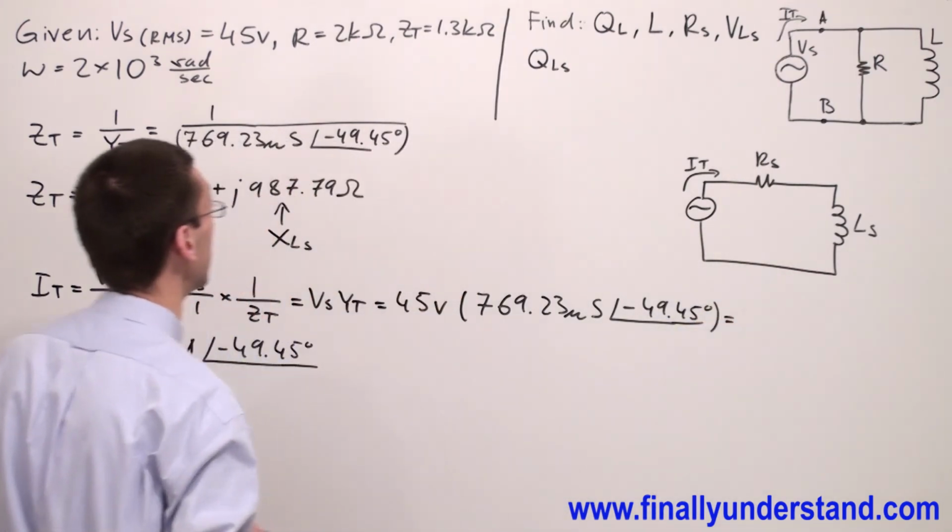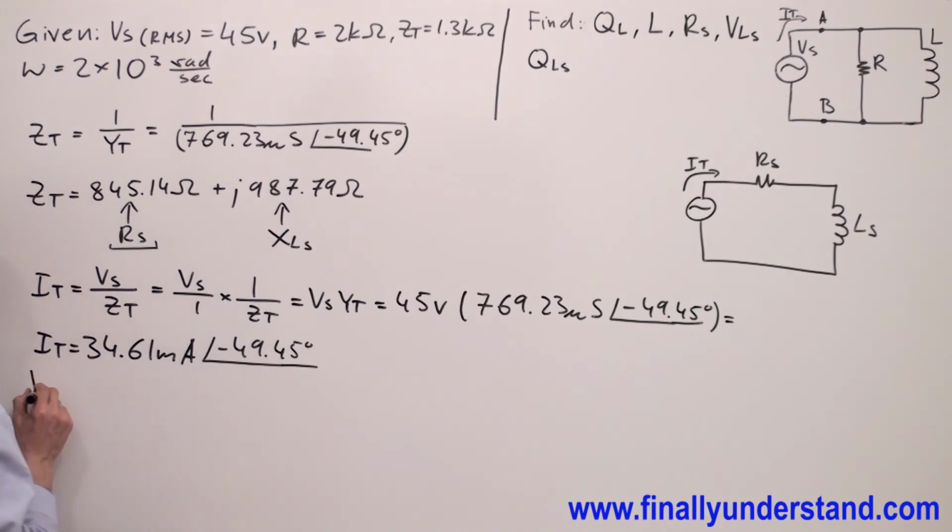So if you want to find VLS, you're supposed to simply multiply total current by X of Ls.